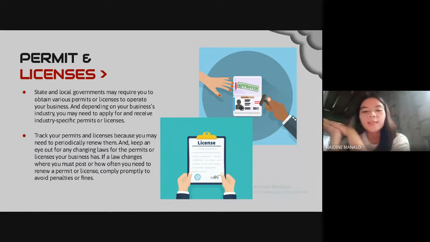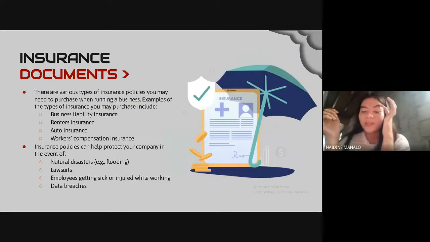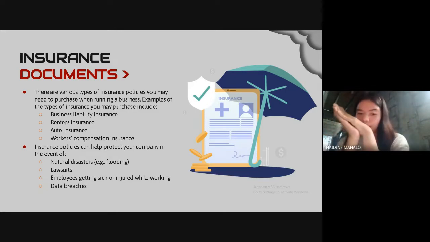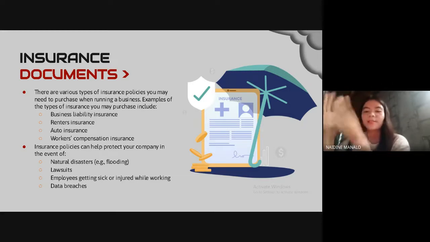And also last, the insurance documents. There are various types of insurance policies you may need to purchase when running a business. Examples of the types of insurance you may purchase include business liability insurance, renters insurance, auto insurance, and also workers' compensation insurance.